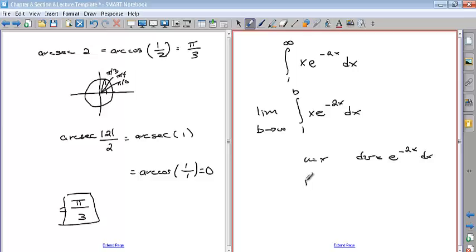So the derivative of u, du, is dx, and v: we are integrating, and the u substitution means that we're going to end up dividing by this coefficient. So we're going to have a negative 1/2 from this integration, and the exponential function will stay the same. It'll still be e to the minus 2x. You get this negative 1/2 from dividing by negative 2.